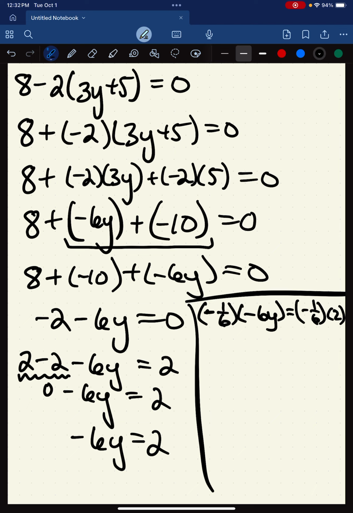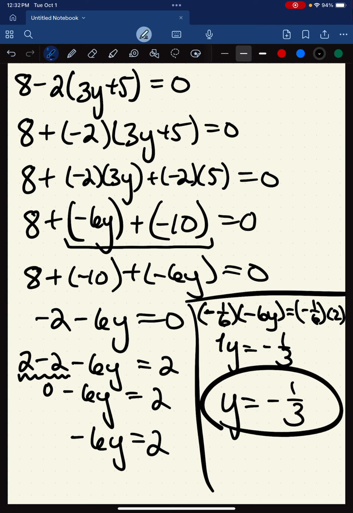A negative times a negative is a positive, and 1/6 times 6 is going to be 1, the reciprocal times the number. So we have something that resolves to 1, the identity, times y. And then negative 2/6 is negative 1/3, otherwise known as y is negative 1/3.